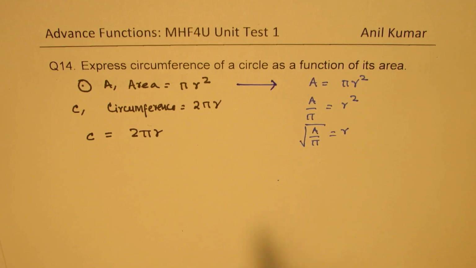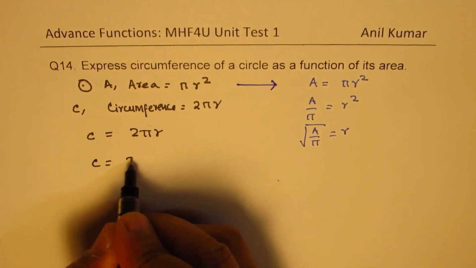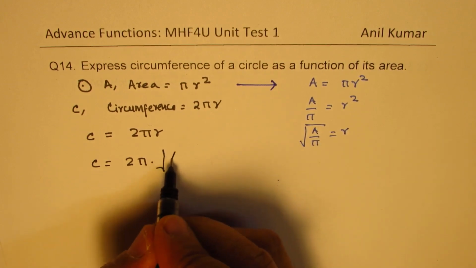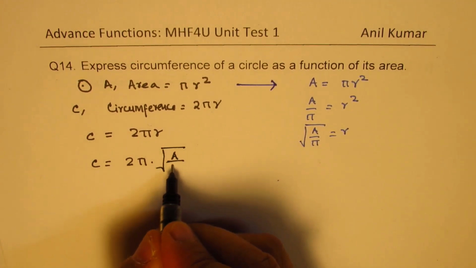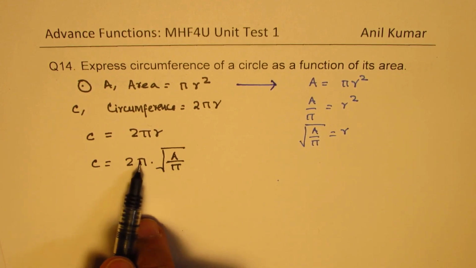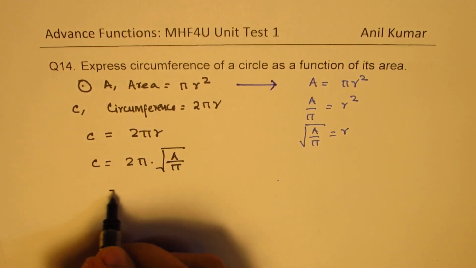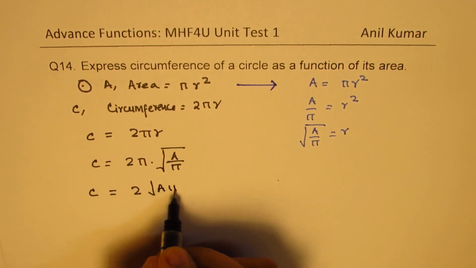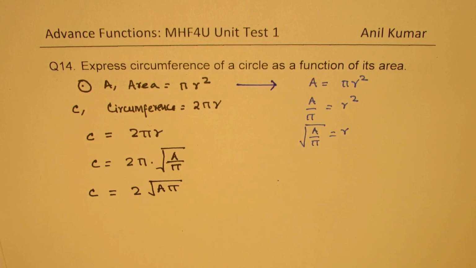So we can now write C as equal to 2 pi times the value in terms of A, square root of A over pi, correct? So that means this is divided by square root of pi. So we could say this C is 2 times square root of A pi. Is it clear to you? So that becomes the relation.